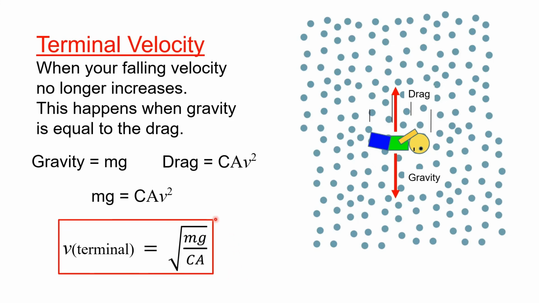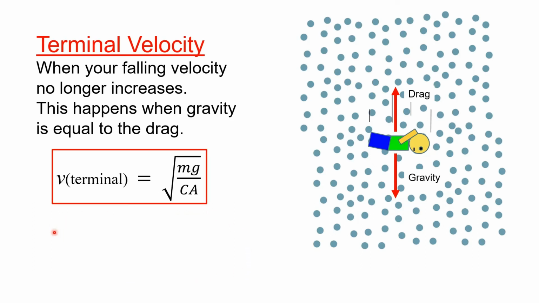I'm not going to use this equation much in this class. I don't typically do a lot of the math at this level, but I mostly want to use it to point out two things. First of all, terminal velocity increases with mass. You can see that because the mass is in the numerator. It's not a one-to-one relationship.